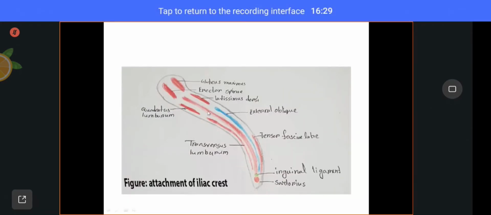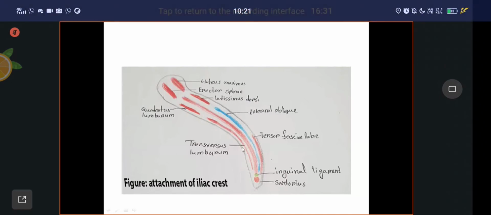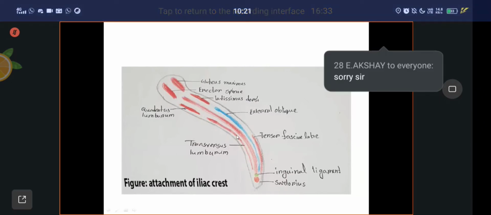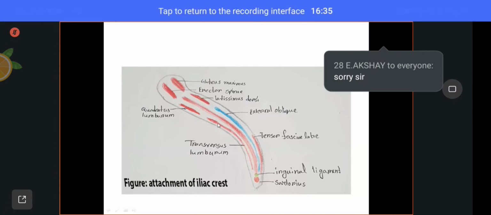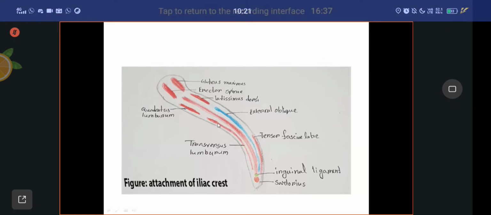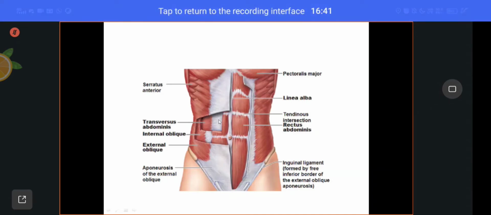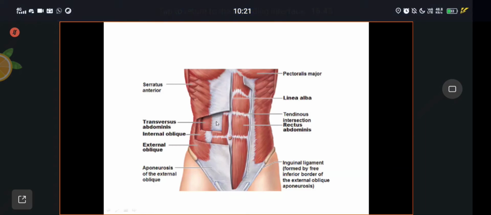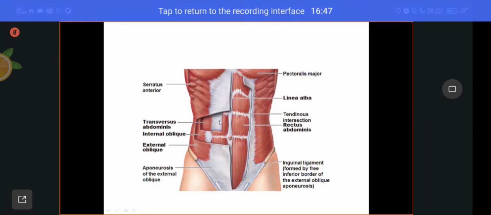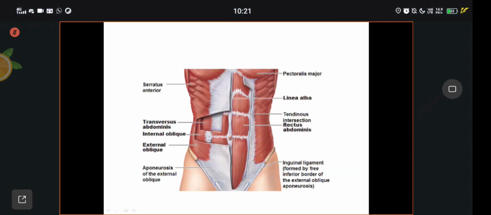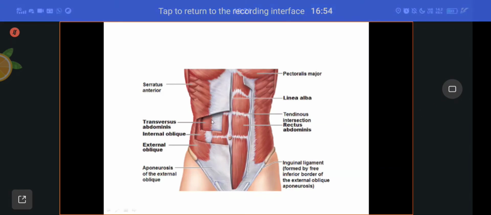Then you see behind. The inner lip gives attachment to the transverse abdominis muscle, which is also a muscle of the anterior abdominal wall. You can see the three muscles: the external oblique muscle, the internal oblique muscle, and the transverse abdominis muscle.